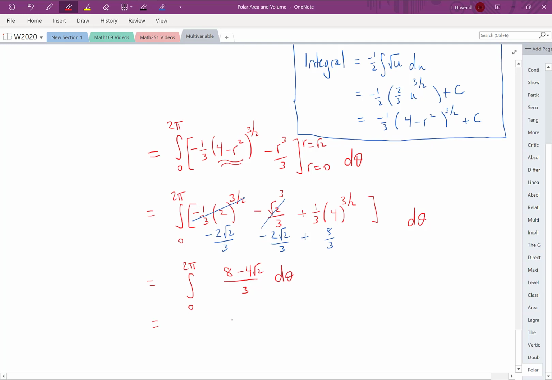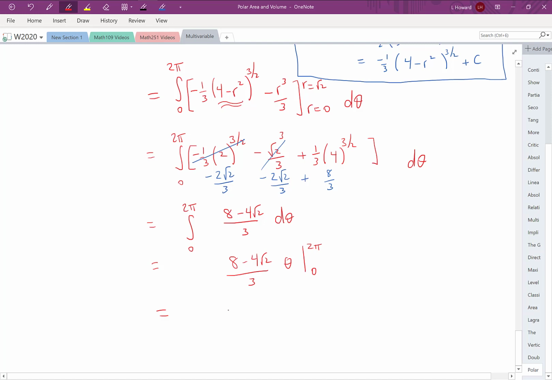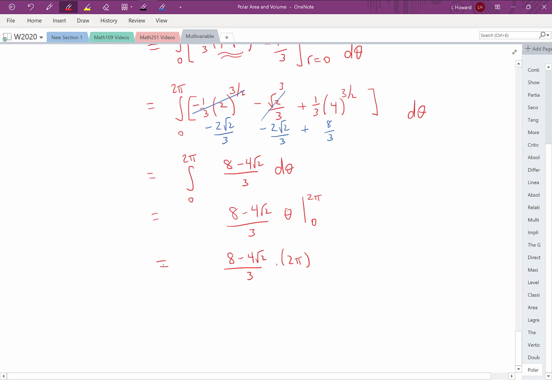And when you do that, you're just getting that constant times theta, and then that theta is getting evaluated at 2 pi and then at 0. That's going to give you (8 minus 4 root 2)/3 times 2 pi. And let's write that a little more nicely. We can factor out the pi and make that (16 minus 8 root 2) pi all over 3.